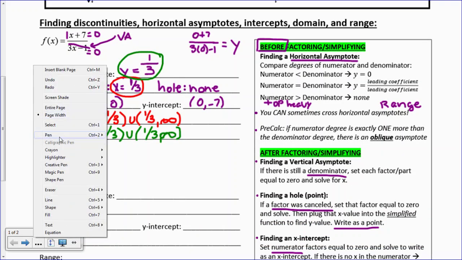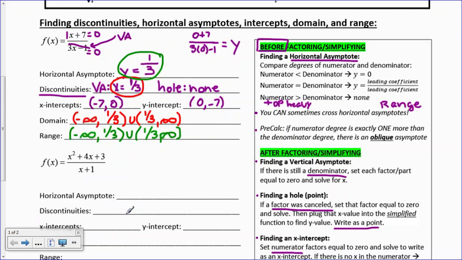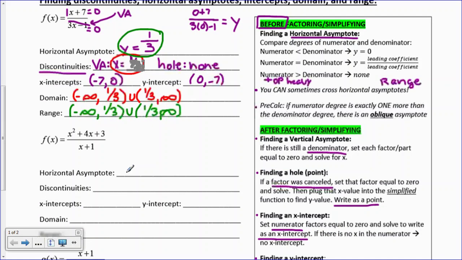Let me go back to purple. All right, remember, phase 1, put your pencil down. Don't touch anything, don't write anything, just look at the function. The first thing we're going to look for is the horizontal asymptote by looking at the degrees. The degree for the numerator is 2, and the degree for the denominator is 1.